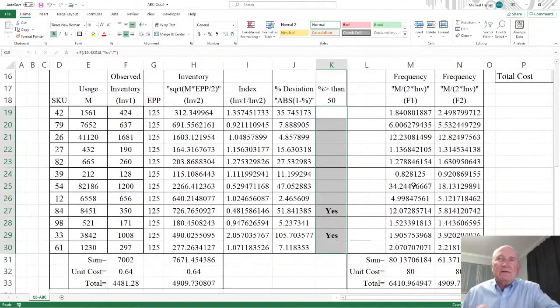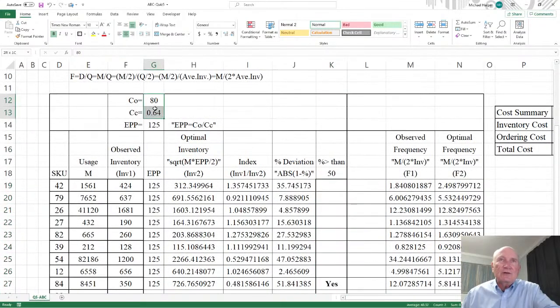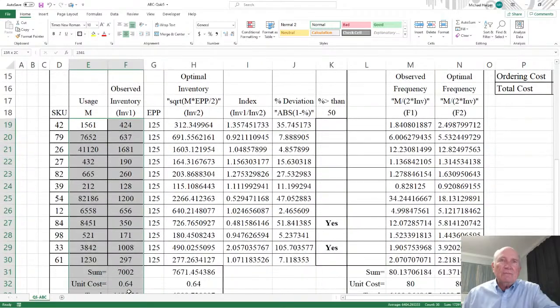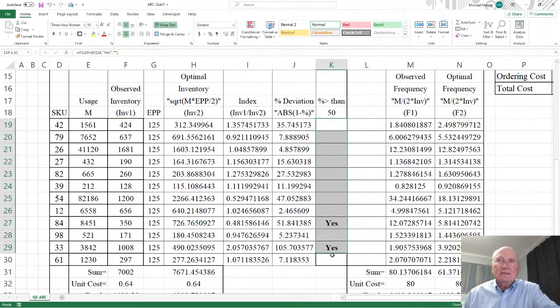And so before I leave, let me just point out that when you know these unit costs, then you can monitor your inventory. You can do this automatically. You can flag these things. And do you have to look at all 1,000? No, just flag the ones that are problems. When you flag them, now you know which ones to look for, which ones are too much or too little.